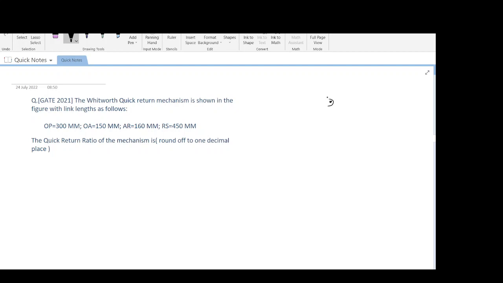I forgot to mention here. Sorry, I'm bad at drawing, so whatever possible, I'm making it. This is P O A. Let me draw it very fine so that everybody can understand clearly.